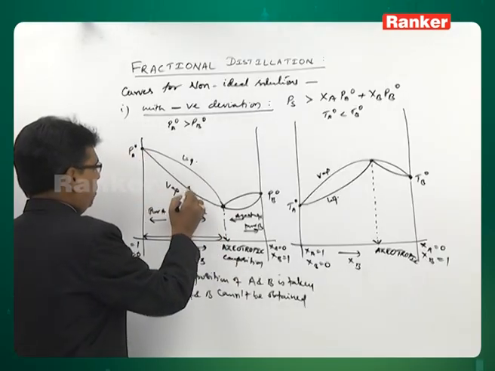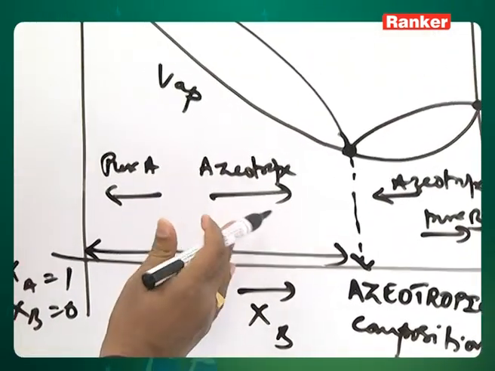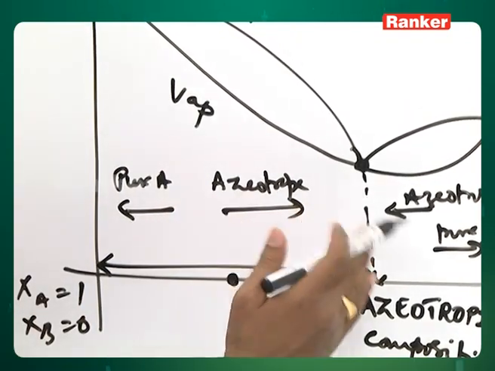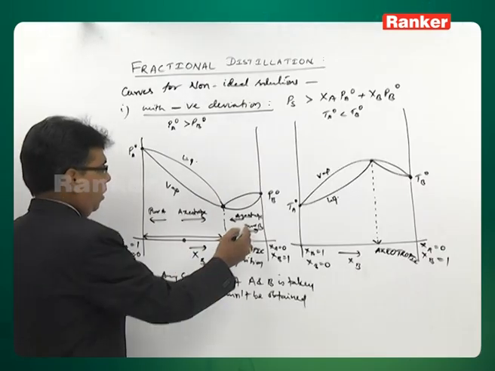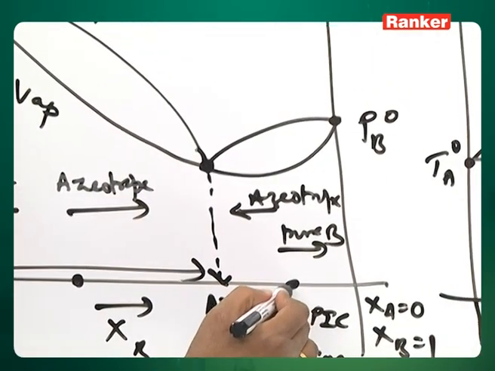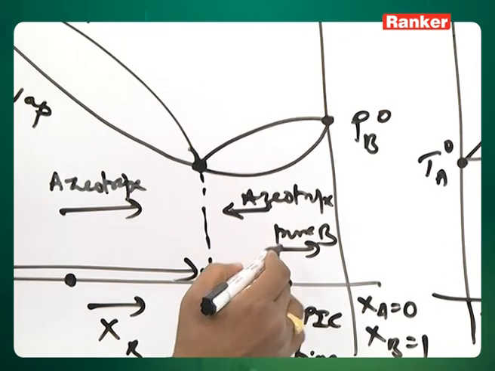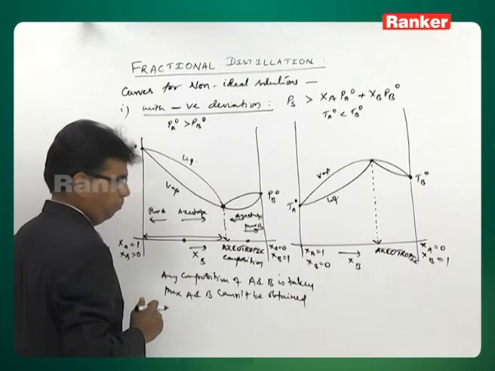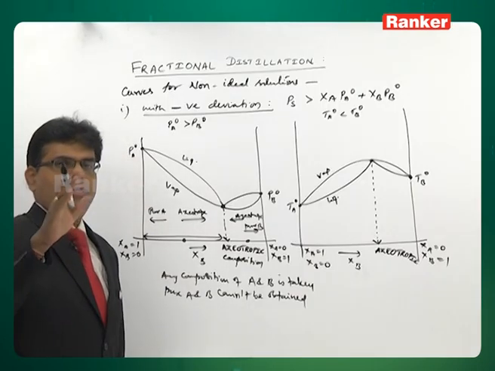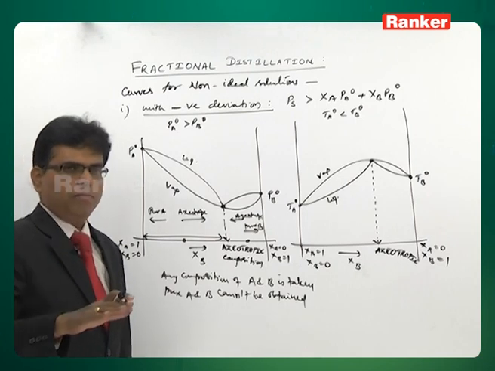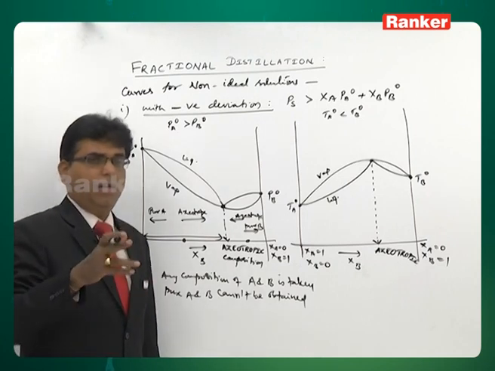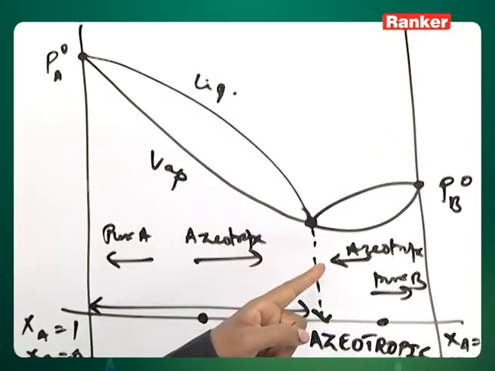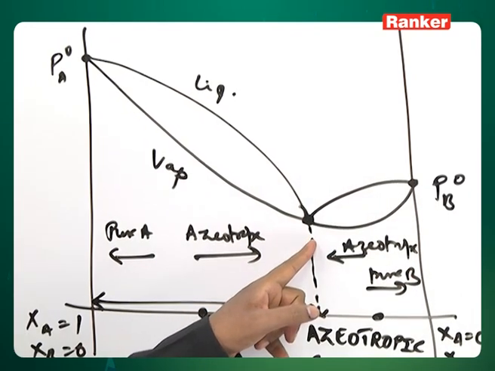If you take some particular composition over here, on the left side you will get pure A, on the right side you will get azeotrope, but you do not get pure B. But if you take this composition, then if you move to the right side you will get pure B, and on the left side you will get azeotrope. So, the meaning is that you are not able to obtain both pure A and pure B. Either you will get pure A and azeotrope, or you will get pure B and azeotrope, right.